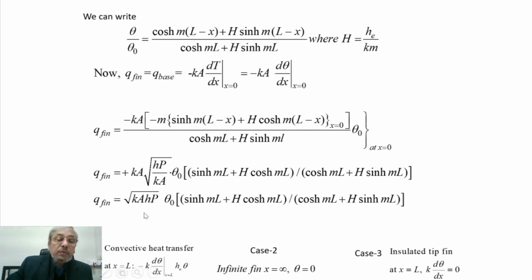And that is what we have written here: this is the first case, where convective heat transfer takes place at the fin end, at the tip of the fin. There we get this solution. For the insulated tip fin, we get this solution.